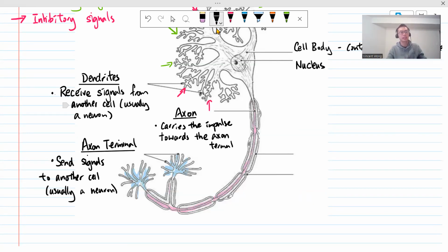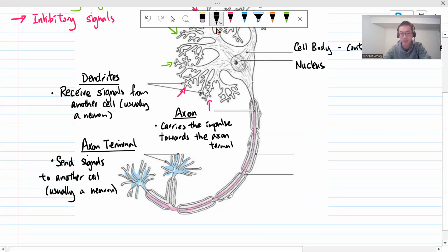Not necessarily. Hold that thought. We'll come back to it and I'll show you how exactly it's connected. But the short answer is no. This axon doesn't necessarily go all the way to the brain by itself. Okay, thank you.